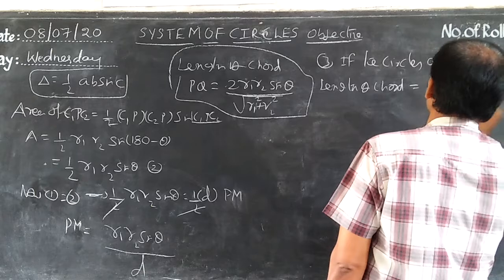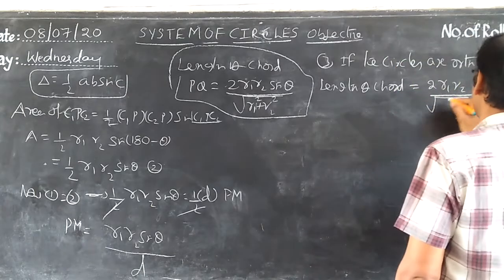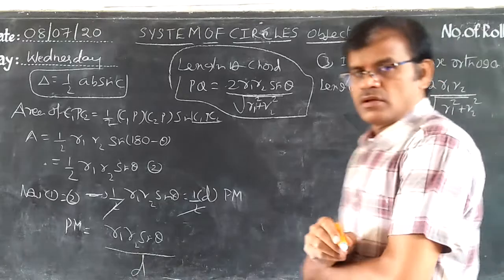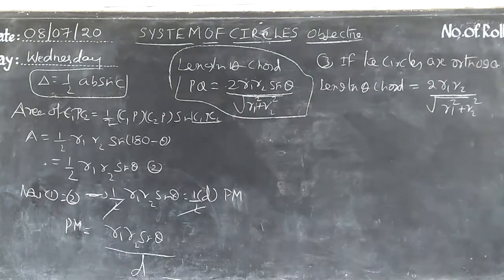Put theta is equal to 90, and it becomes 2 R1 R2 by root of R1 square plus R2 square. If the circles are orthogonal, the length of the chord is 2 R1 R2 by root of R1 square plus R2 square.